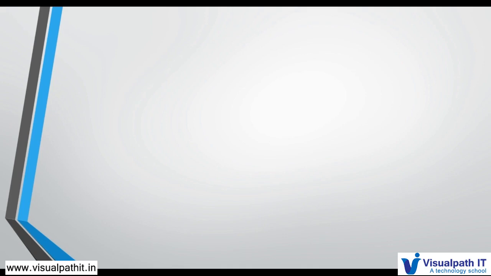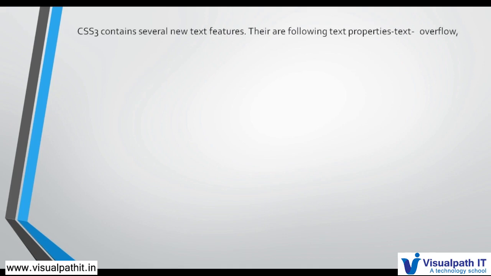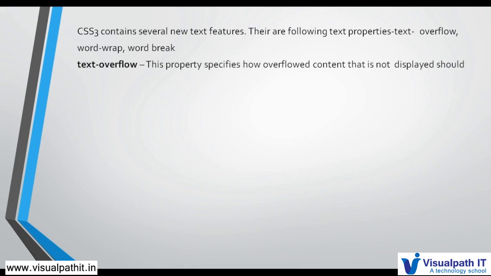Moving next, CSS3 contains several new text features. There are the following text properties: text overflow, word wrap, word break. Now the text overflow property specifies how overflowed content that is not displayed should be signaled to the user.